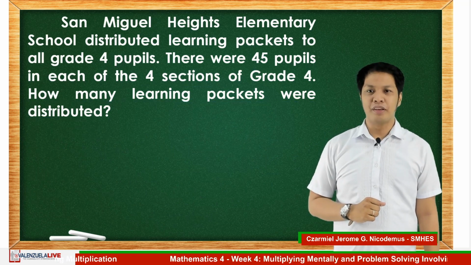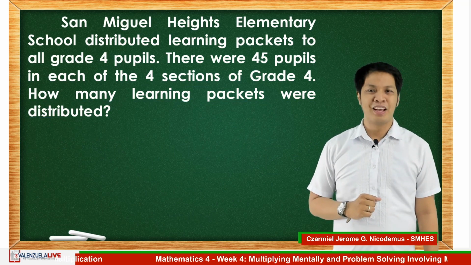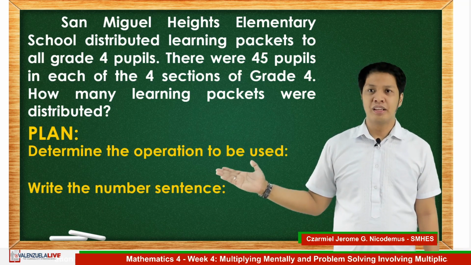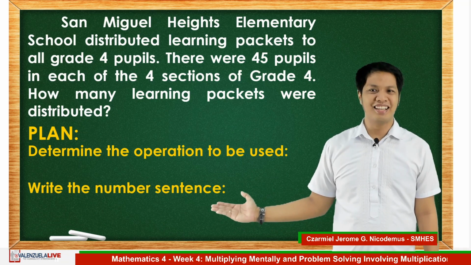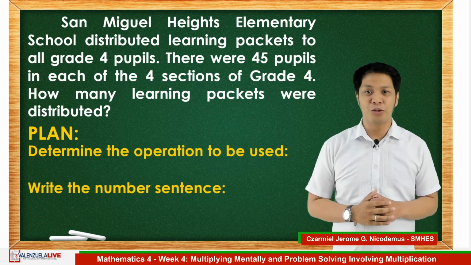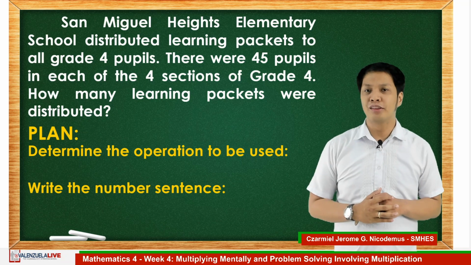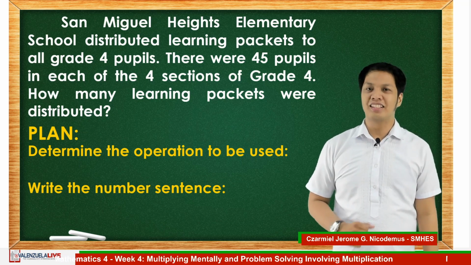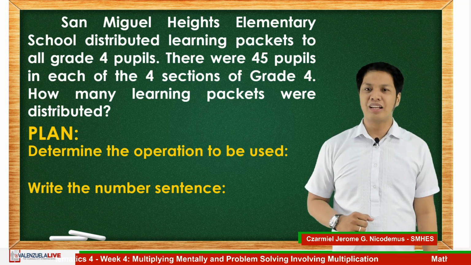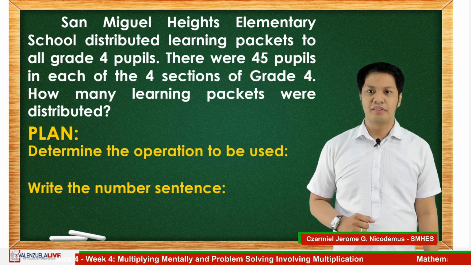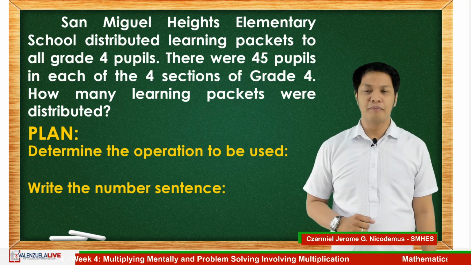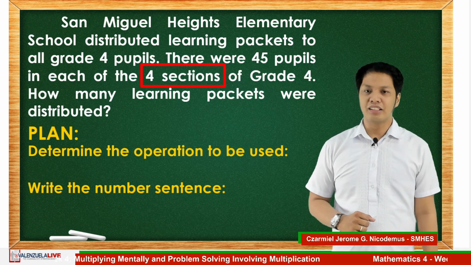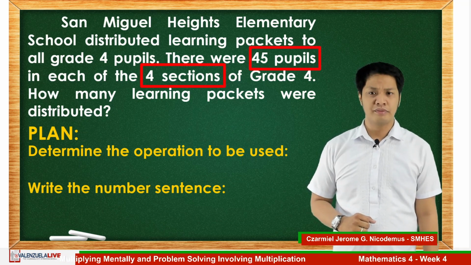The second step is to plan for the word problem. We need to determine the operation to be used and write the number sentence. So let us look for some word clues to determine the operation to be used. To determine the number of learning packets distributed, we need to know the number of pupils in grade 4. In the problem, there were 4 sections, and each of the sections has 45 pupils.